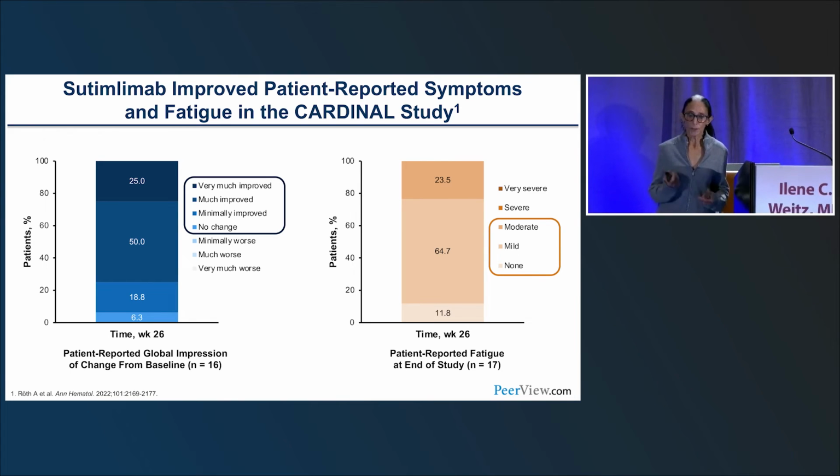And if you look at the fatigue scores, it's very similar to that. Again, 26% had improvement in the fatigue scores, and most of the patients had mild to moderate fatigue.